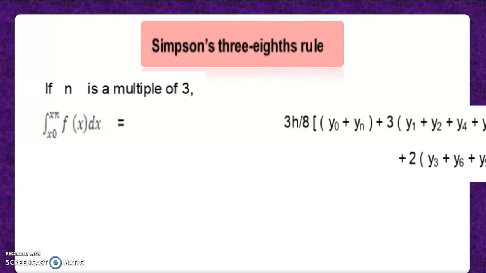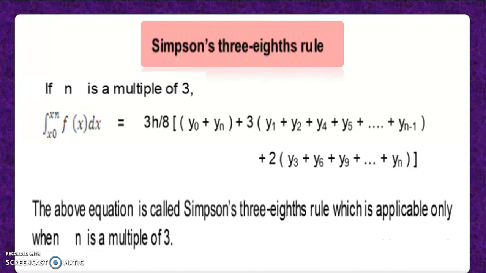Coming to Simpson's 3/8 rule, if n is a multiple of 3, then integration from x0 to xn f of x dx is 3h by 8 into y0 plus yn plus 3 into y1 plus y2 plus y4 plus y5 plus so on plus yn minus 1, plus 2 into y3 plus y6 plus y9 and so on up to yn.